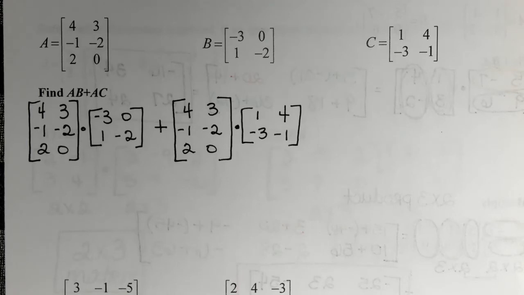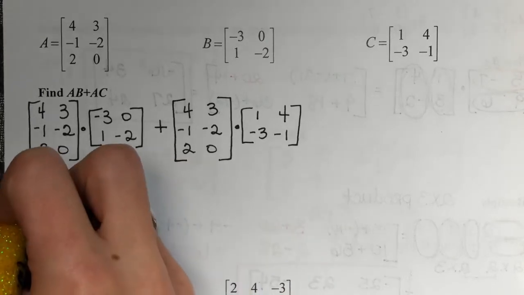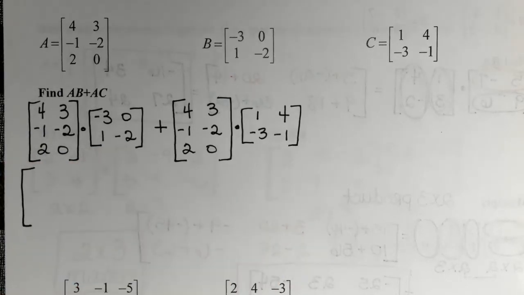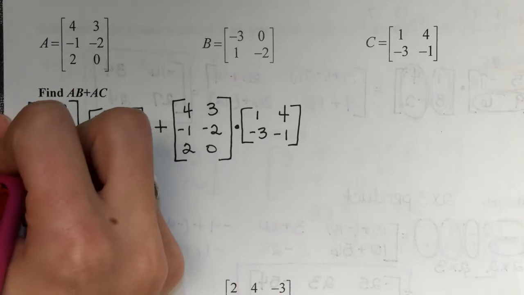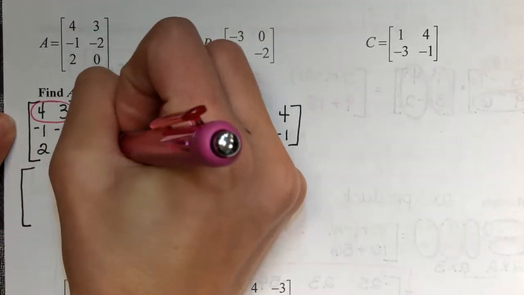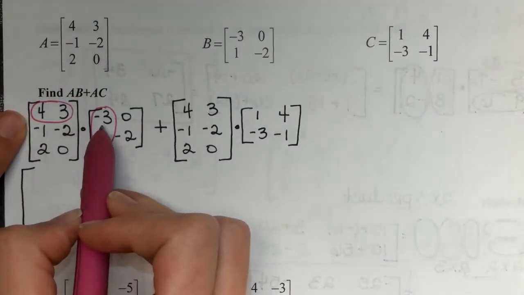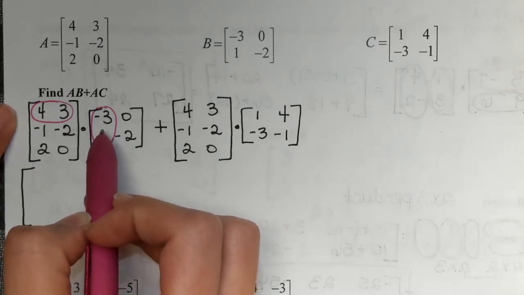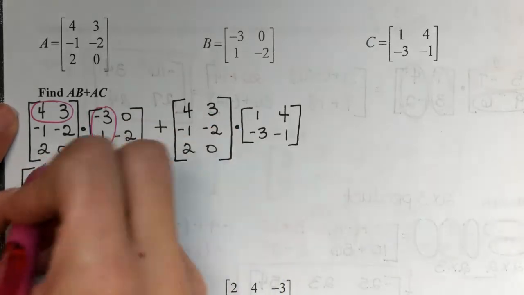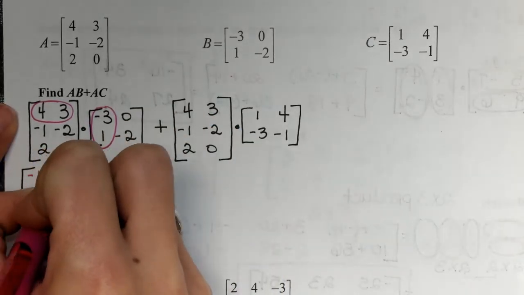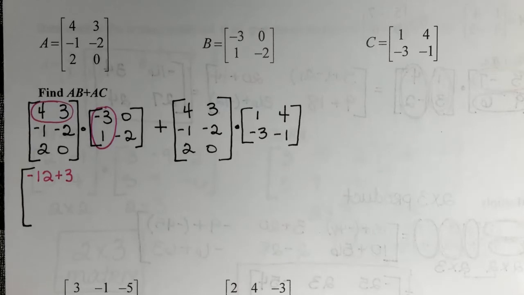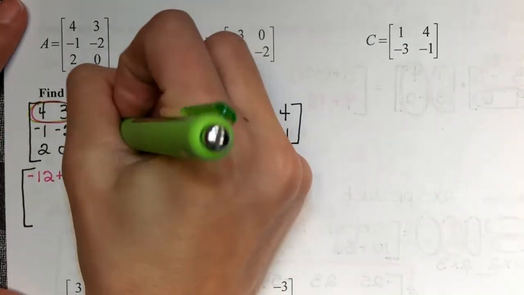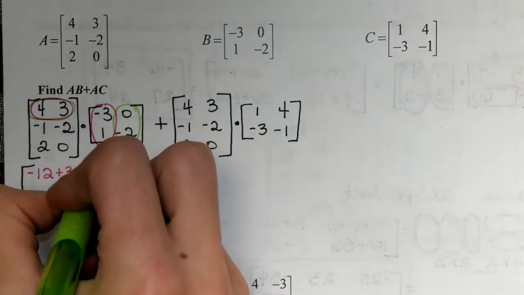So we're going to multiply. First row, first column. What's it going to give me? Very good. Negative 12 plus 3. First row, second column.